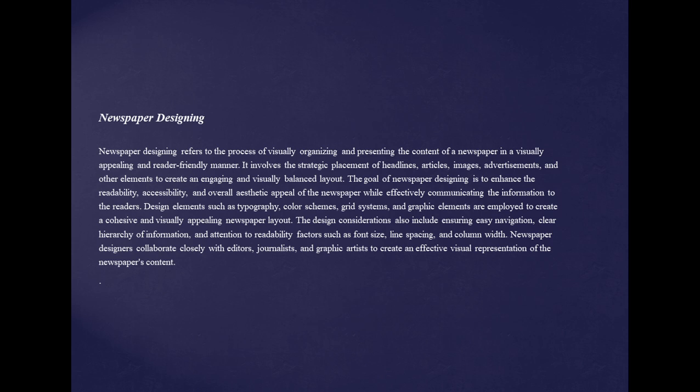Design elements such as typography, color schemes, grid systems, and graphic elements are employed to create a cohesive and visually appealing newspaper layout.